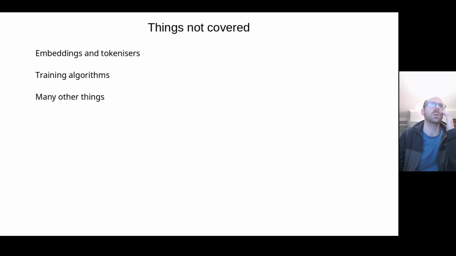It's basically a problem of, let's imagine we're training our artificial neural network and it produces a bad output or a good output. How do you reverse engineer through the neural network and find out which neuron was responsible for that good or bad output? So that's training algorithms and many other things.